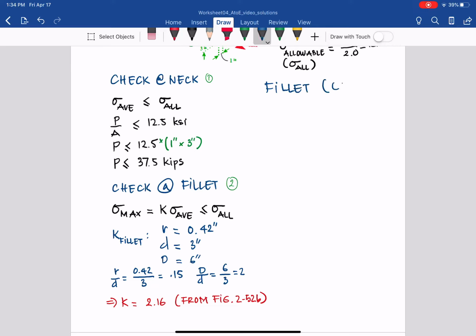We have sigma max, so rewrite it. Sigma max equal to K sigma average.